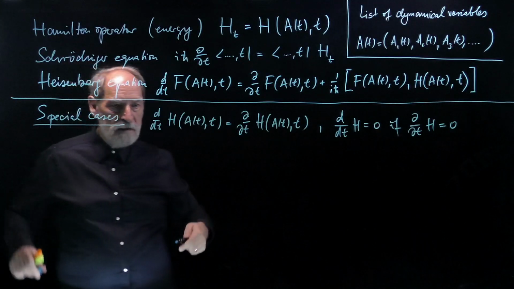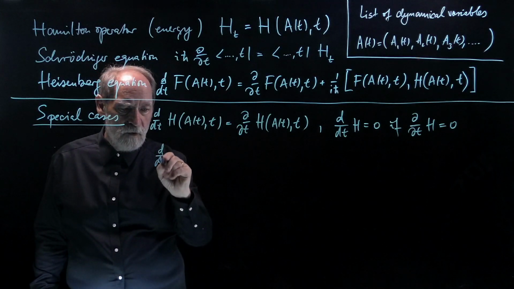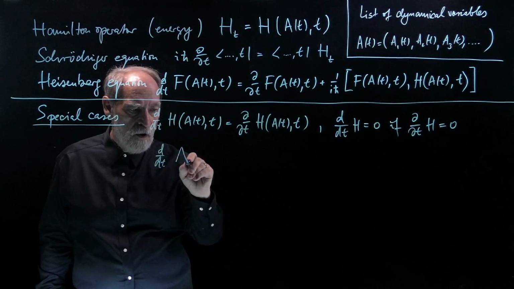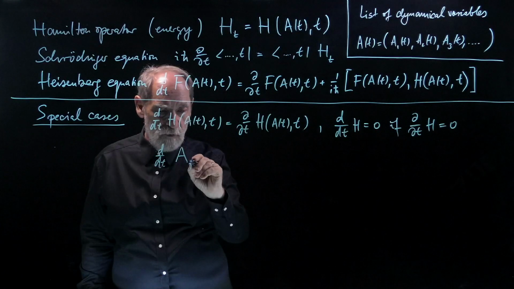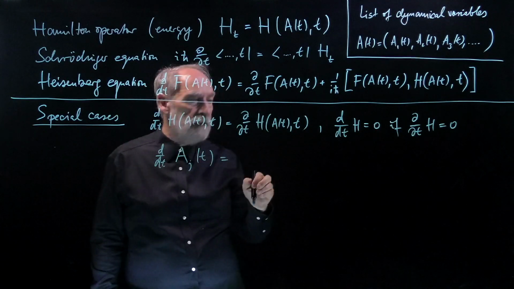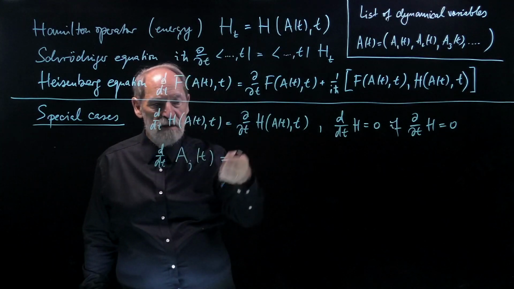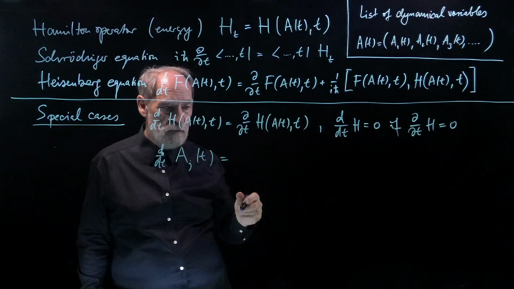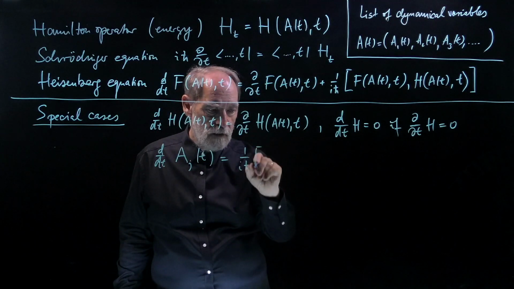Another special case is that of the dynamical variables. So what if I look at the time derivative of one of these dynamical variables? Let's say the one with index j. Okay, so now that as a function of the dynamical variables is just itself. So there is no parametric time dependence, and so we only have a dynamical time dependence.